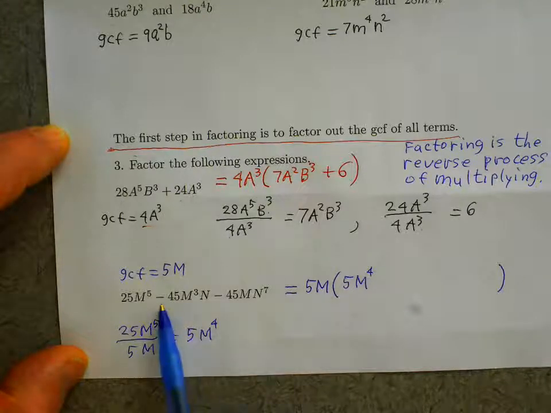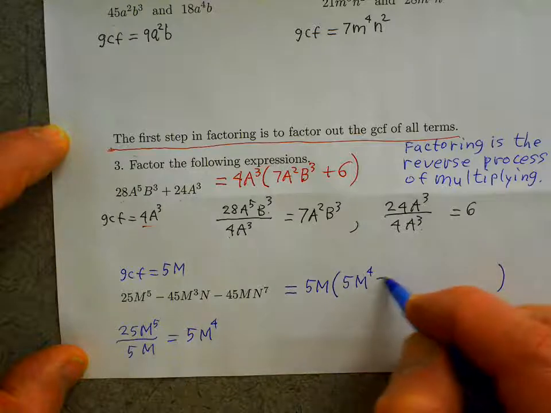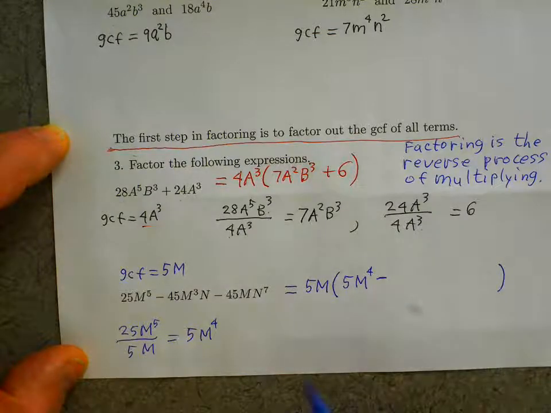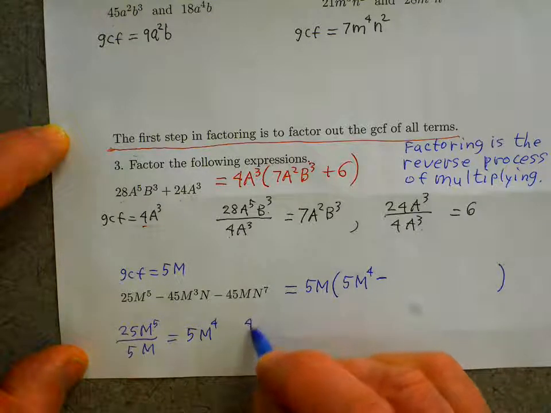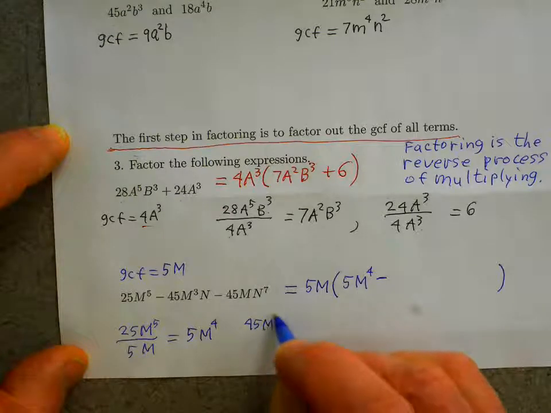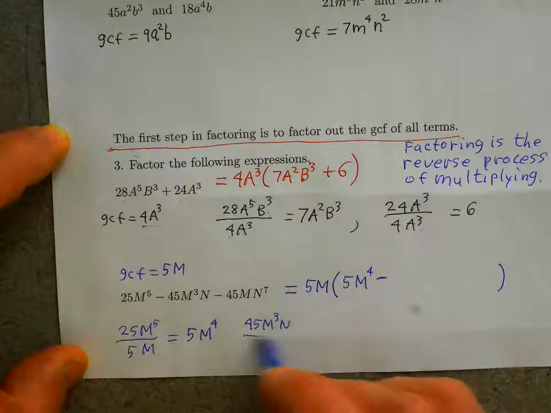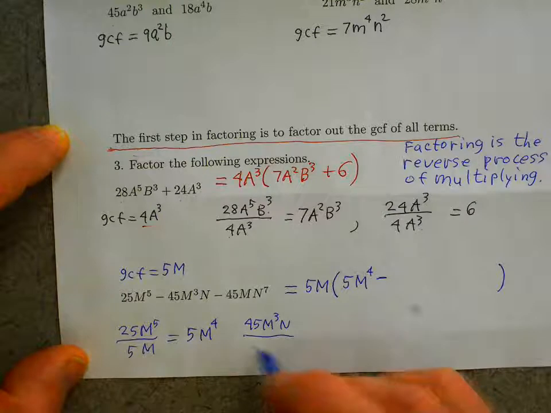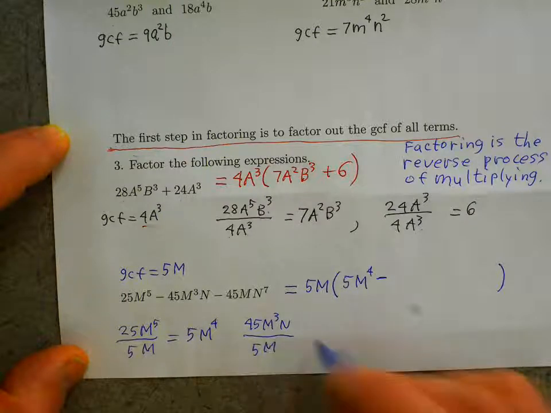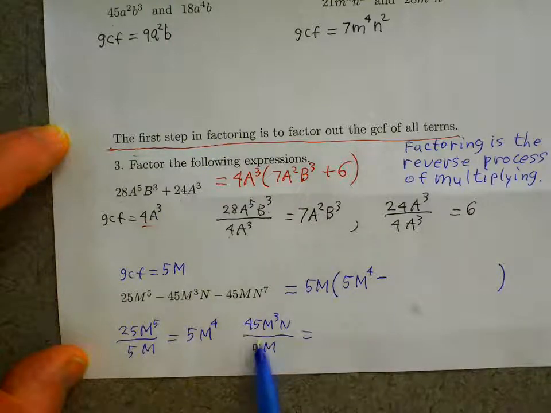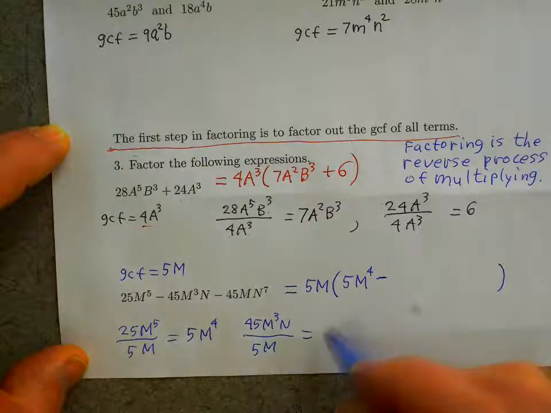Okay, then the next term inside the parentheses, we're going to be subtracting what we get when we divide 45m to the 3rd n by the greatest common factor of 5m. So just do it piece by piece. 45 divided by 5 is 9.